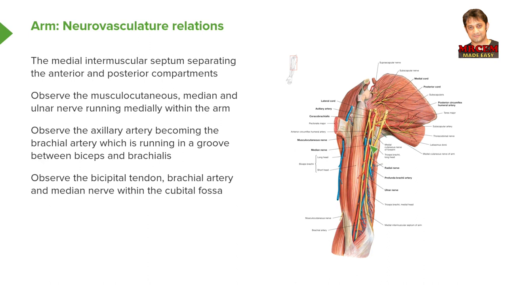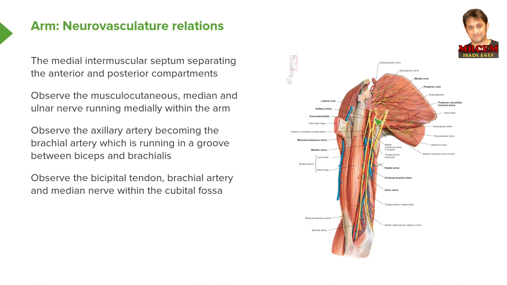We can see the median nerve. We can see the ulnar nerve. And these are running down the medial aspect of the arm. We can see here the medial intermuscular septum of the arm. And remember, that's separating the anterior compartment from the posterior compartment.